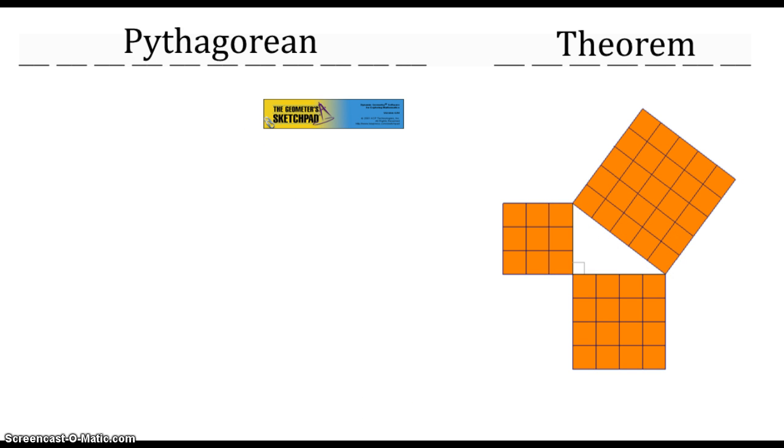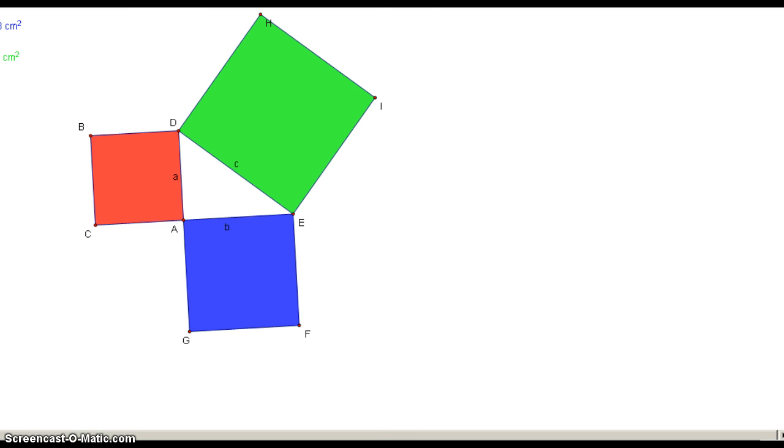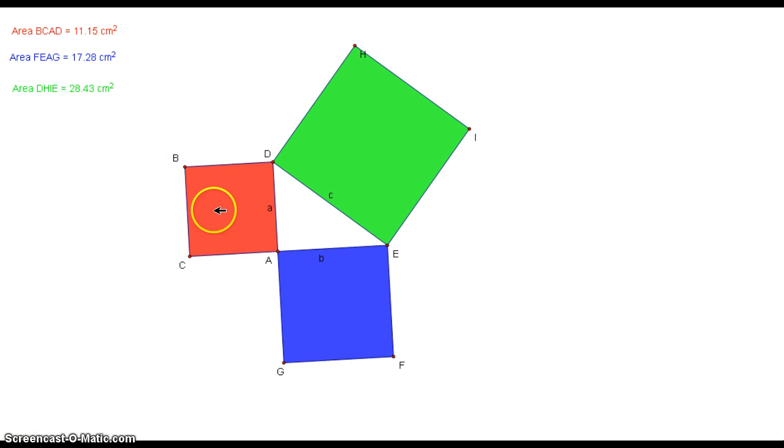What Pythagorean theorem shows us, if you look at this sketch, is that there's a right triangle here, and the sides of the right triangle are A, B, and C. What Pythagorean theorem states is that the area A squared plus the area behind B, which would be B squared, always has to equal C squared.